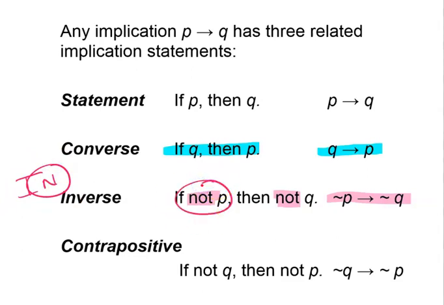And so I think that helps me, actually, because it's easy to get these mixed up. Converse is like the same as reverse. But inverse, you keep the order the same, you just negate both statements. So you start with if P, then Q, then it's if not P, then not Q.